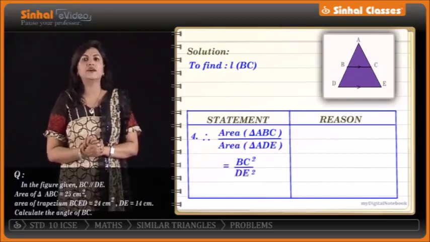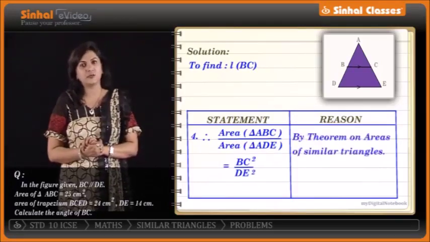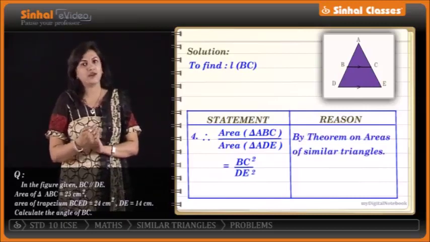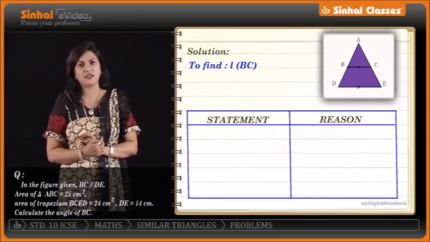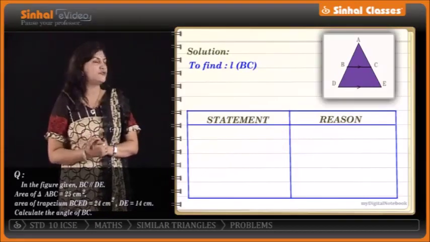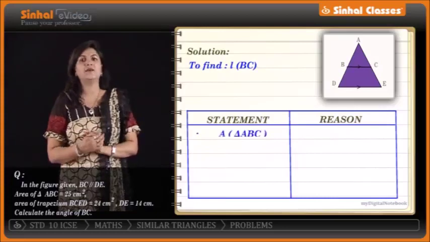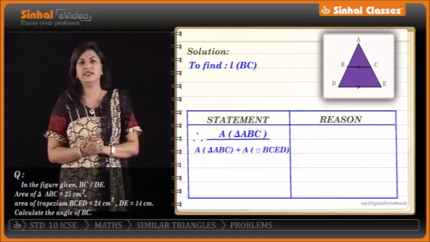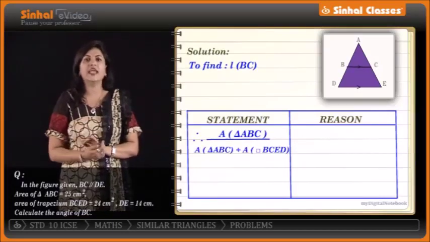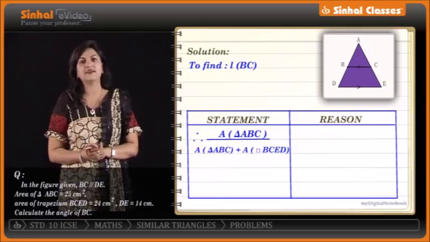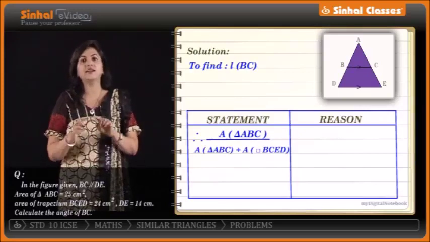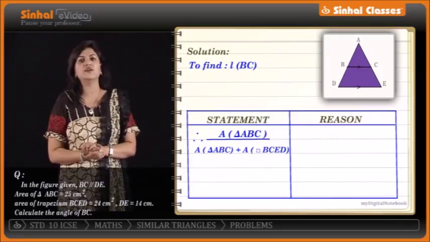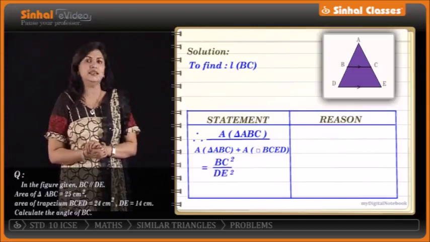This is because of the theorem on areas of similar triangles. Now we can further write this as area of triangle ABC, we know its value, upon area of triangle ABC plus area of quadrilateral BCED, because triangle ADE can be written as the sum of the smaller triangle plus the trapezium. We write this equal to BC square upon DE square.